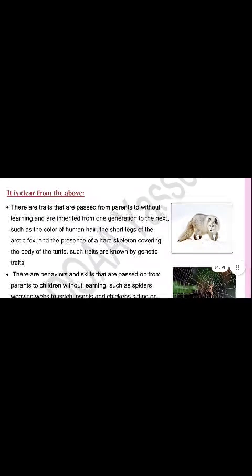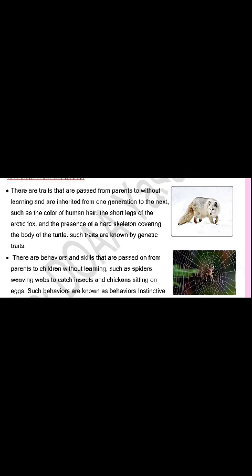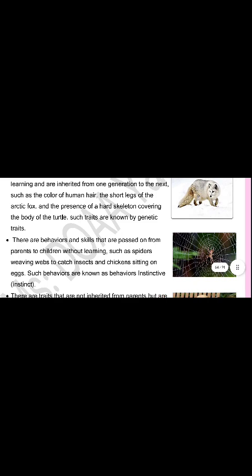It's clear from the above that there are traits that are passed from parents to offspring without learning and are inherited from one generation to another, such as the color of hair, the shortness of the leg of the Arctic fox, and the presence of a hard skeleton covering the body of the turtle.